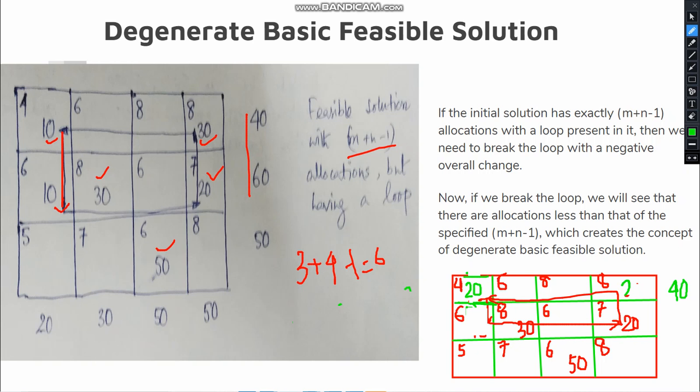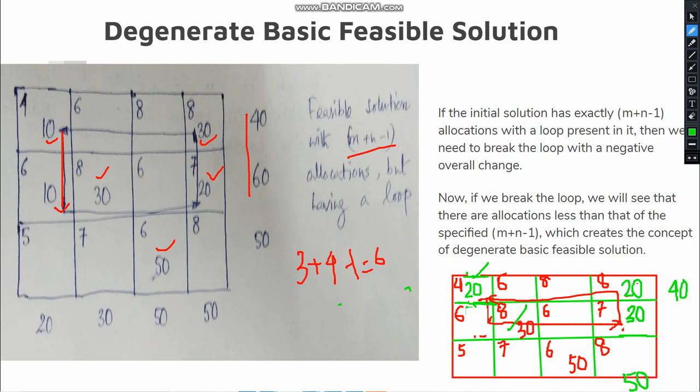This will be obviously 20. Okay, and this will also change because 10 units will be added up here. So now see what has happened.